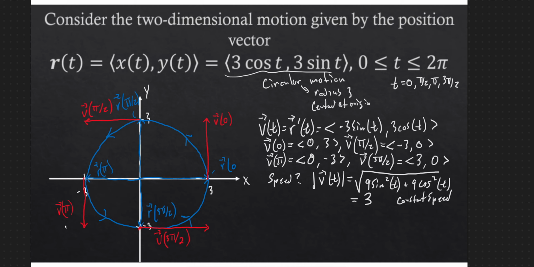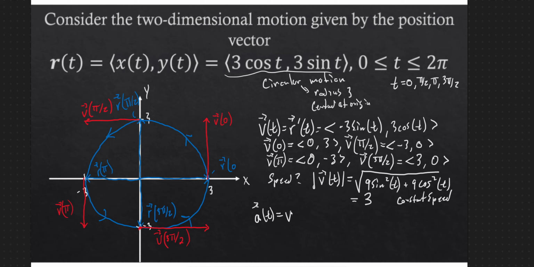And there certainly is a change in direction of velocity. Straight up, to straight to the left, to straight down, to straight to the right, back to straight up. So what is the acceleration at each of these points? Let's go ahead and find a of t.